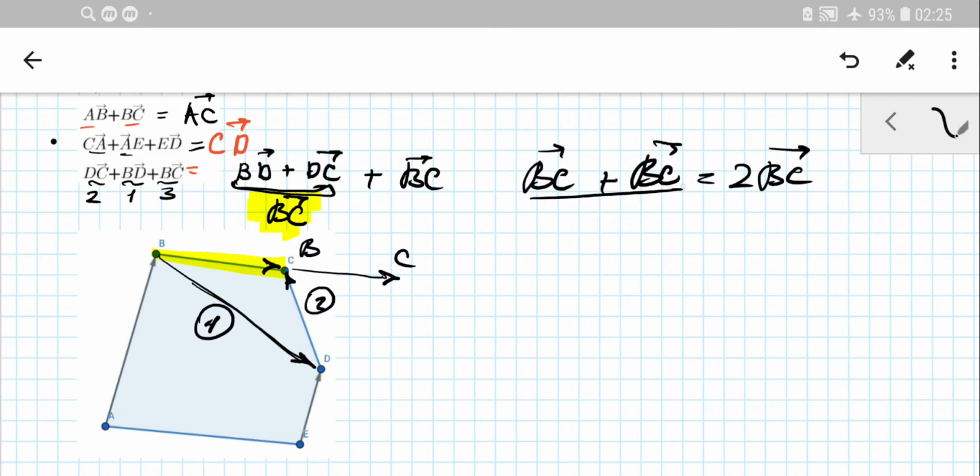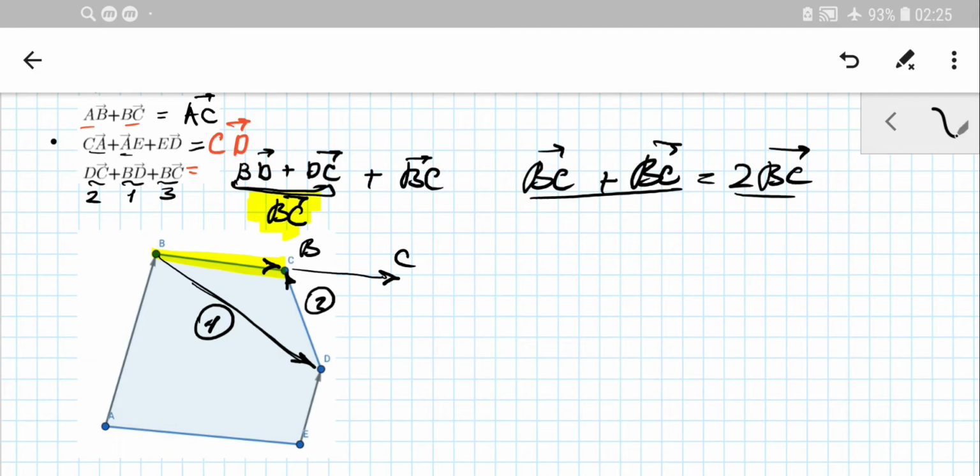And that's a very interesting feature because we've got a new vector 2 times more than the original one, okay? So we've got 2BC for addition of two identical vectors. If we add them 3 times in a row, we'll get 3BC, all right?